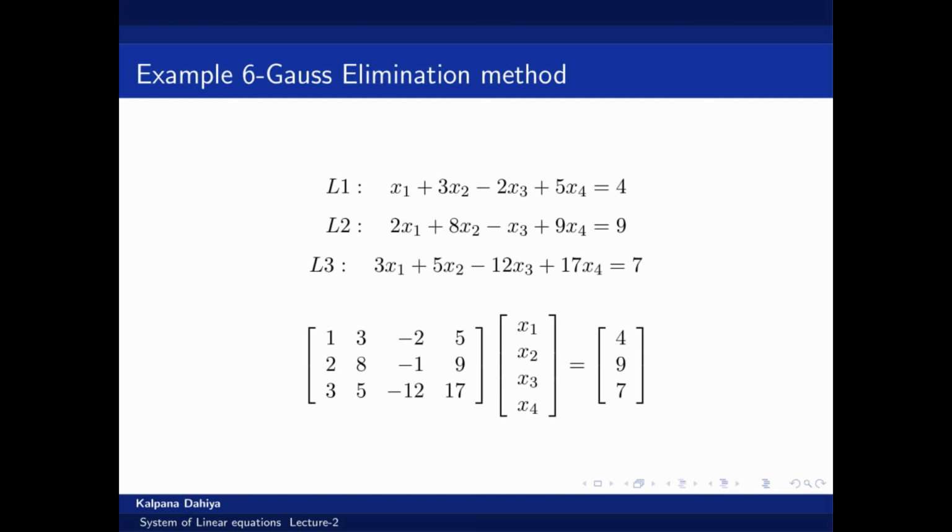This is a 3 by 4 matrix, and we call this the coefficient matrix. Next is the column vector x1, x2, x3, x4. These are our variable vector. Next one is 4, 9, 7. This is the right hand side vector. So the last one is the representation of the given system of equations in matrix form.